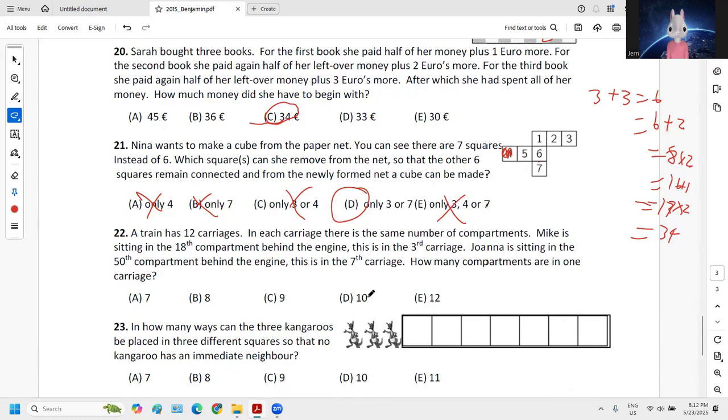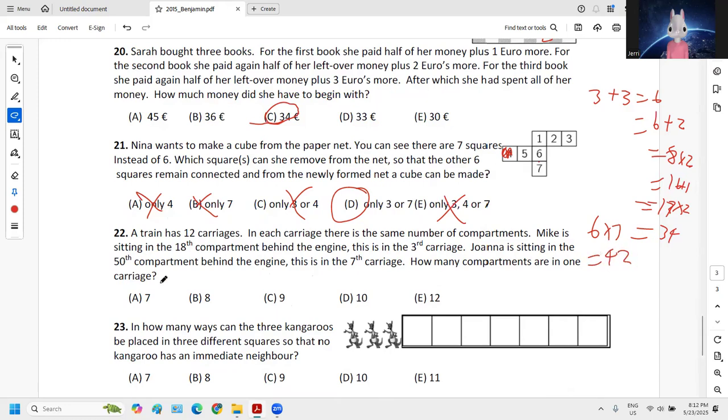So right now, in carriage 3 are 18 compartments. It could be 18, or there could be more. In this place, it could be 6 compartments in each carriage. And right here, if there were 6 times 7, 42.